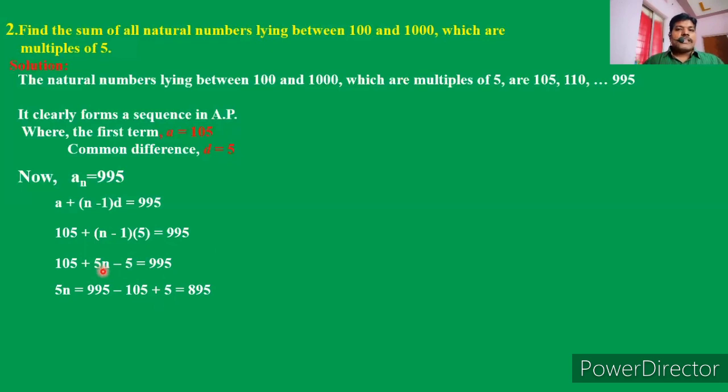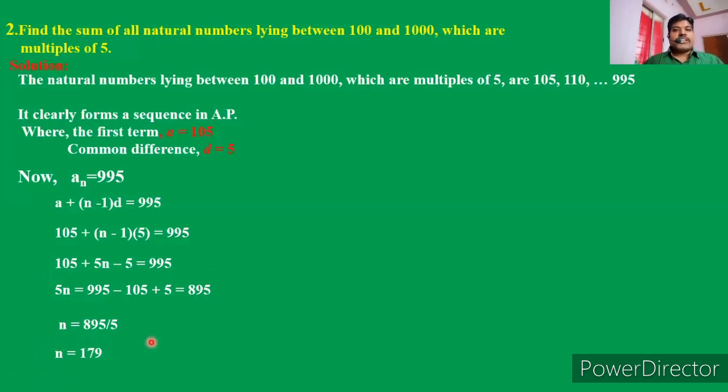So 5n is equal to 995 minus 105 plus 5, that is nothing but 895. Cancel with 5, and 895 is divided by 5, 179 times. So n is equal to 179.